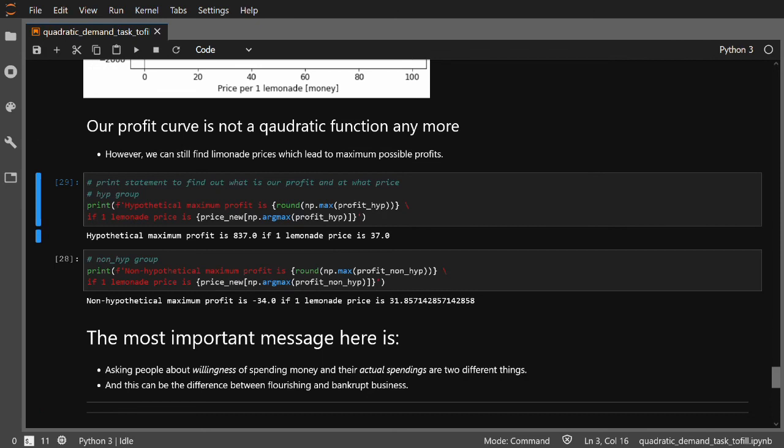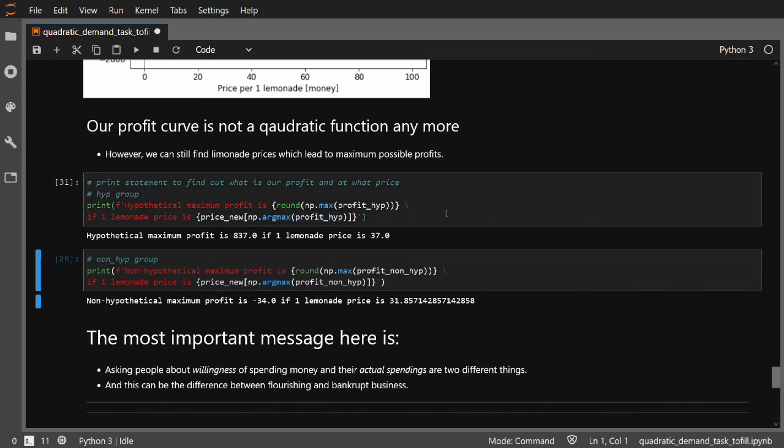Now we are going to use a print statement in the form of so-called formatted string, where we can combine strings with variables in order to print the maximum profit from the profit array and the optimal price for one lemonade, which is from the new price array, and we need the argument of maximum of the profit array as the indexing part.